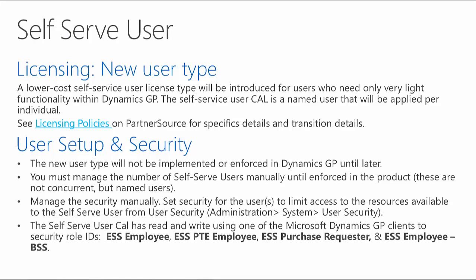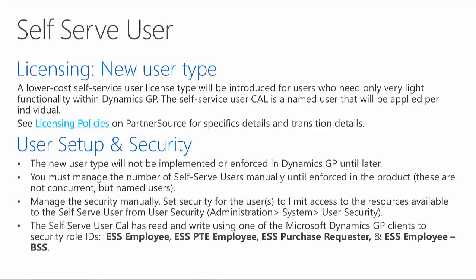Here are more details on the Self-Serve User. A lower-cost self-service user license type will be introduced for users who only need very light functionality within Dynamics GP. The self-service user CAL is a named user that will be applied per individual, so this is different than what we've previously had of full and limited concurrent users.